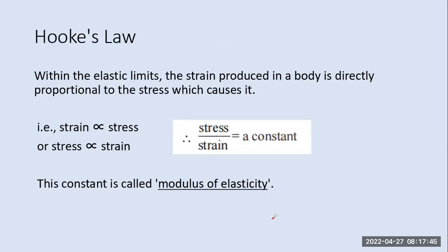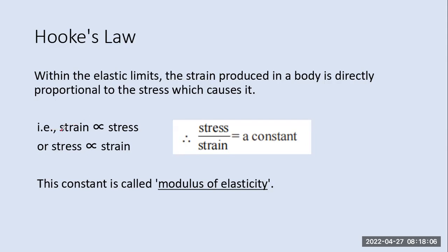Okay, next is ang Hooke's law. So what is Hooke's law? So define natin siya na within the elastic limits, the strain produced in a body is directly proportional to the stress which causes it.